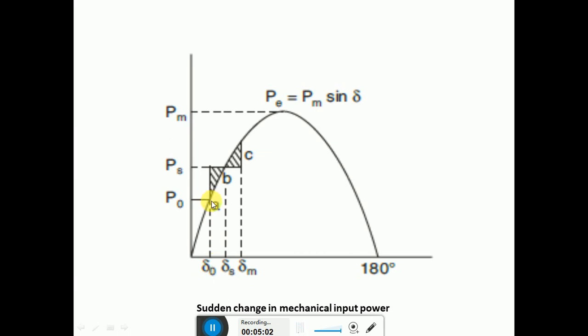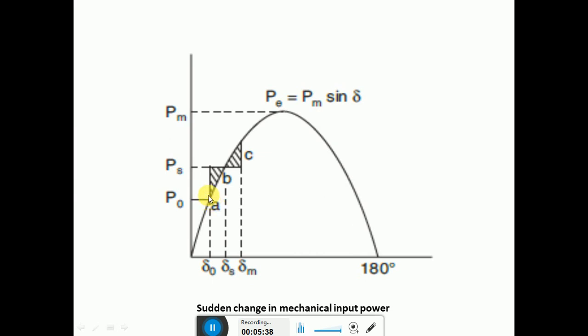The machine is operating at this point, and at this point it is operating with synchronous speed, suppose. Now what happens if we suddenly increase the mechanical input power to PS, this line? Initially P0 mechanical input power was equal to electrical output power, so the machine was running at synchronous speed because there was no accelerating power.